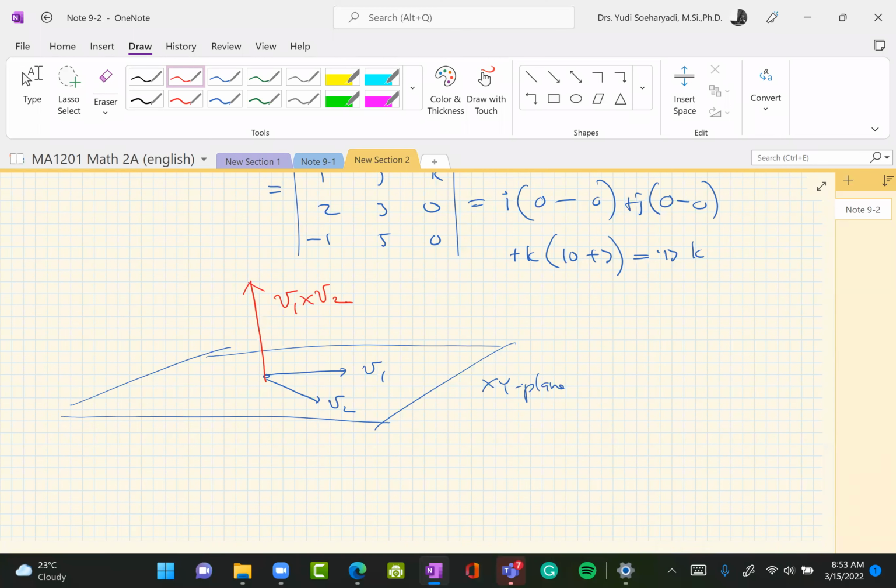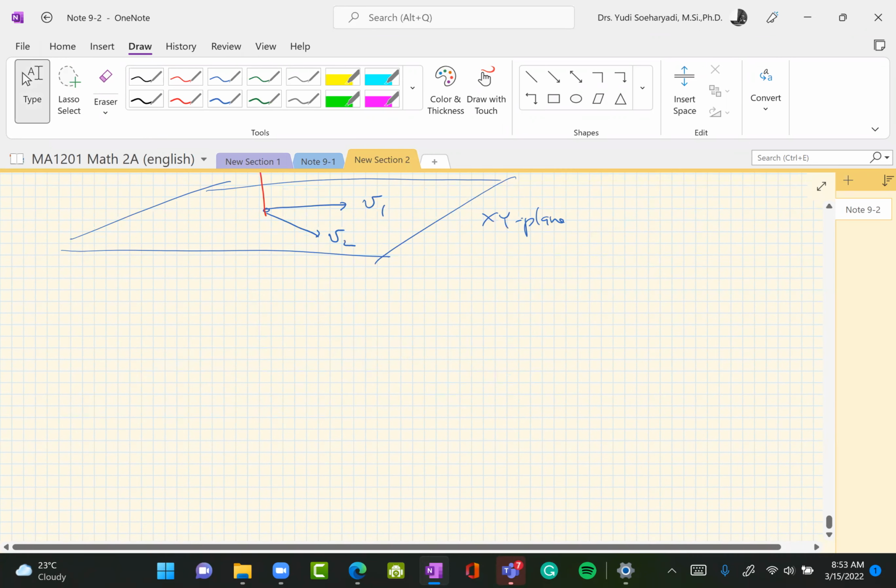Before we stop, let me just mention two properties. The peculiar thing about the cross product here is that V1 cross V2 is not the same as V2 cross V1.